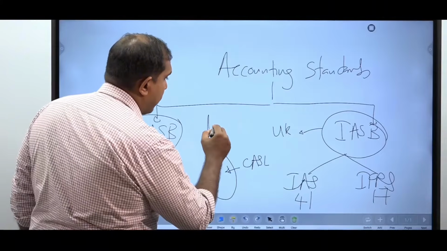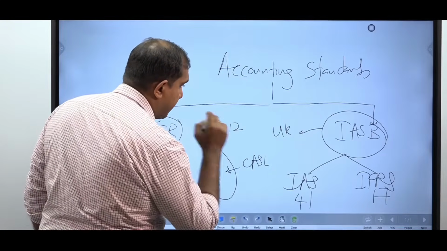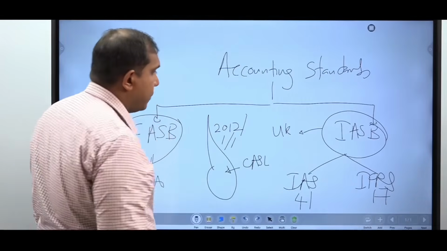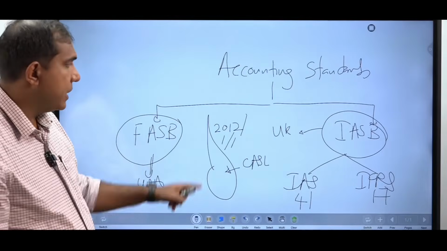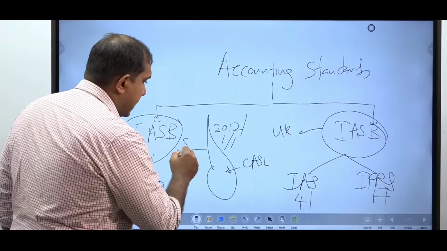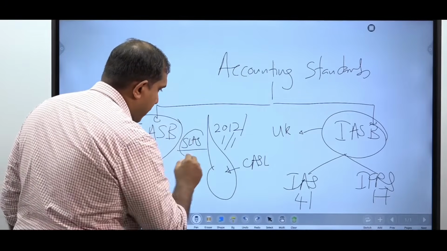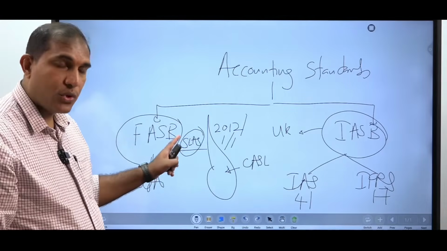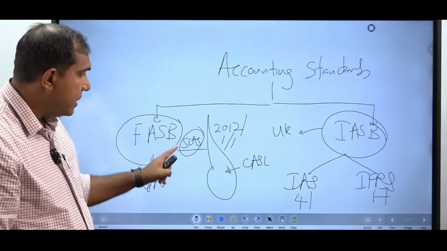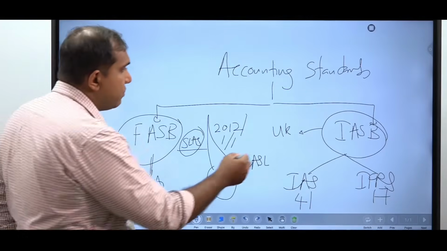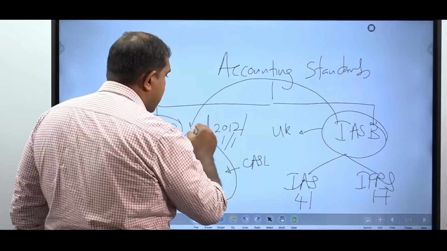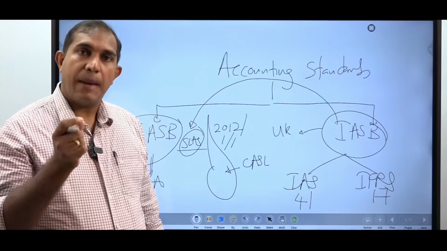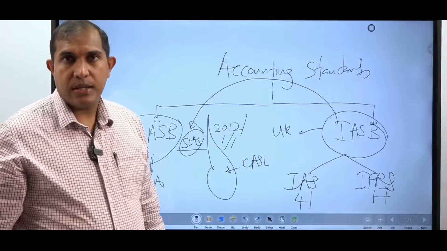Until 1st of January 2012, we were using SLASs. SLAS stands for Sri Lanka Accounting Standards. These standards were originally issued by IASB, but there were some amendments based on the Sri Lankan economy.